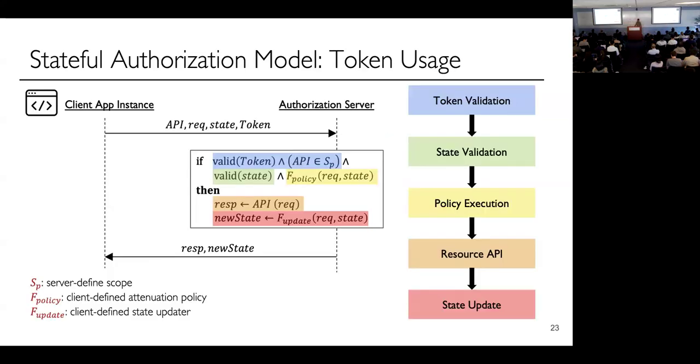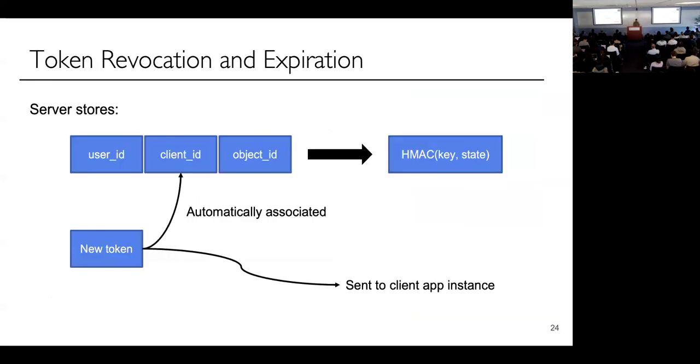Okay, so that's the normal case of things. For token revocation, nothing really happens. When a token is revoked, you create a new token on the server. And internally on the server, the new token is associated with this thing called a client ID. And we map that client ID to the state HMAC. And so the whole thing is basically transparent.